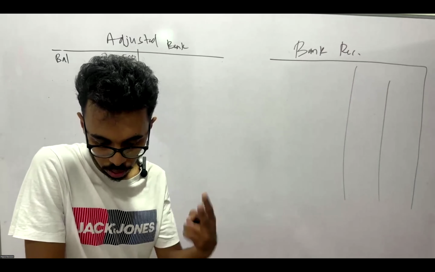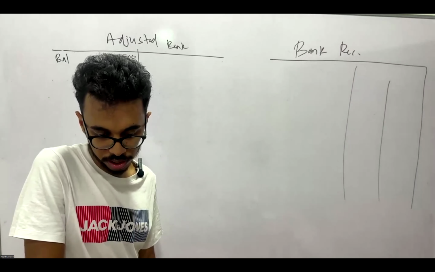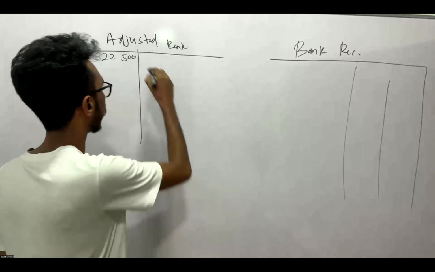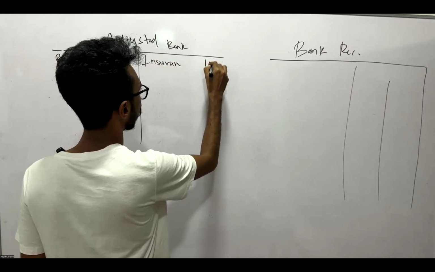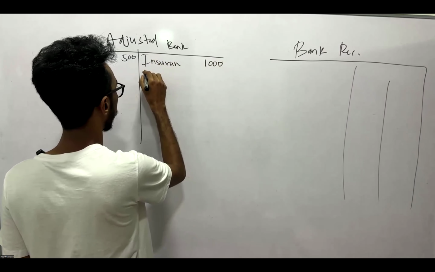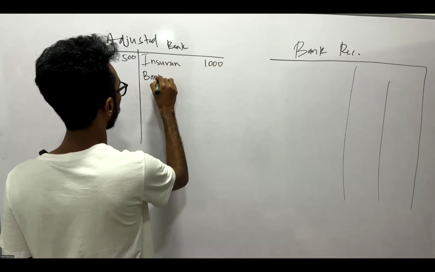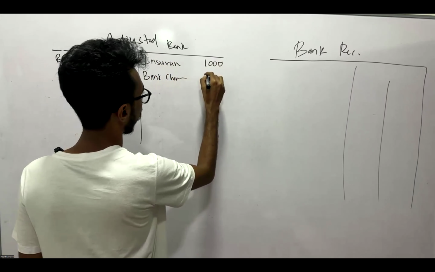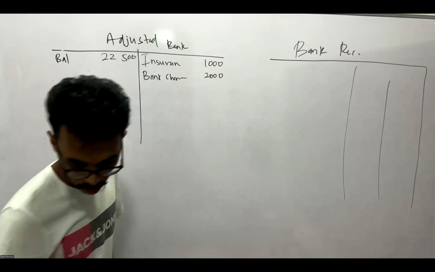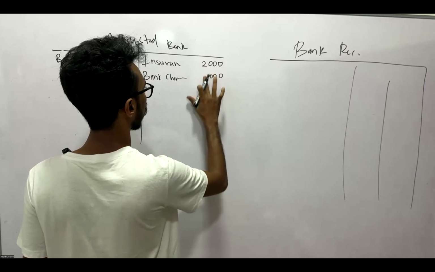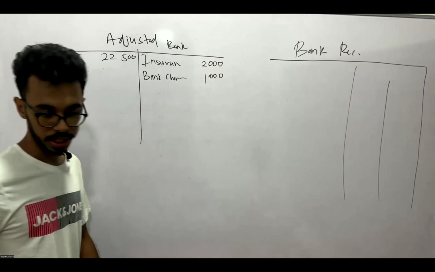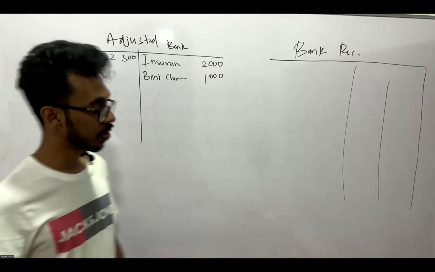There are only two elements, that is insurance charge and a bank charge. The insurance is 2,000 and the bank charge is 1,000.